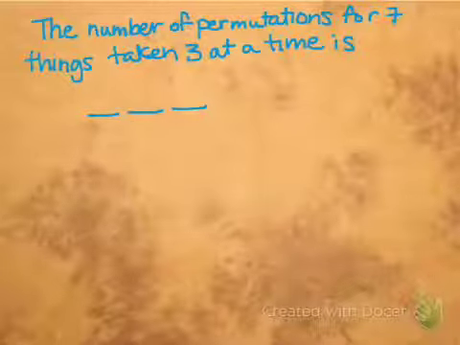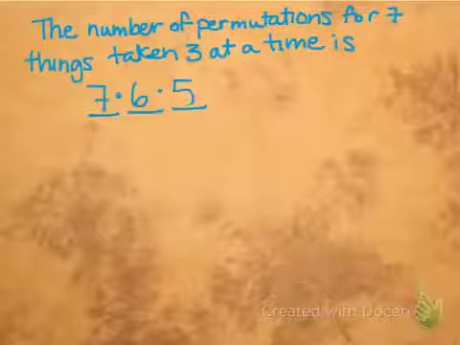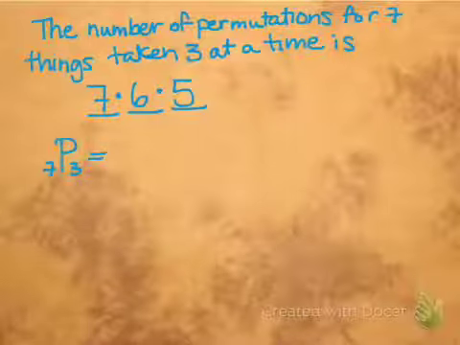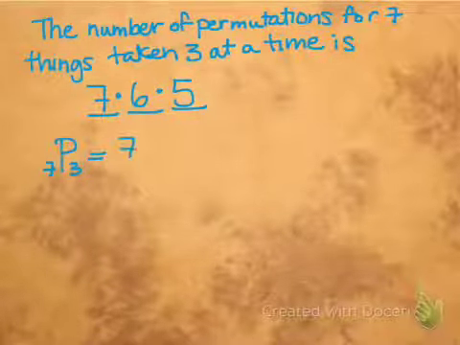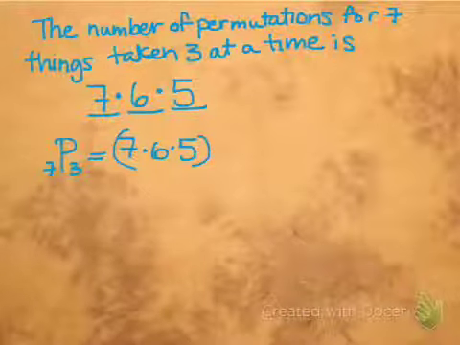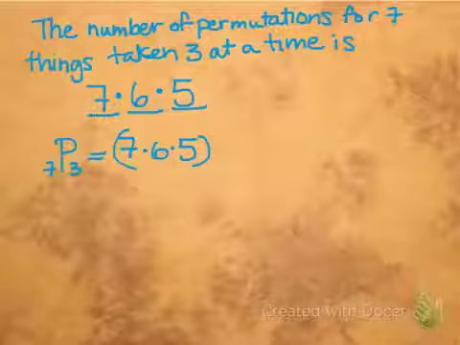The number of permutations for 7 things, taken 3 at a time, is, we would do 7 times 6 times 5. Now, the way that we write it as a permutation is we write 7P3, where we take 7 times 6 times 5 things. Now, this is not the way that it's written in the formula, so we're going to talk about how the formula came to be.